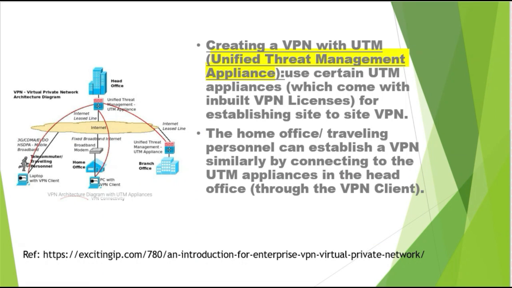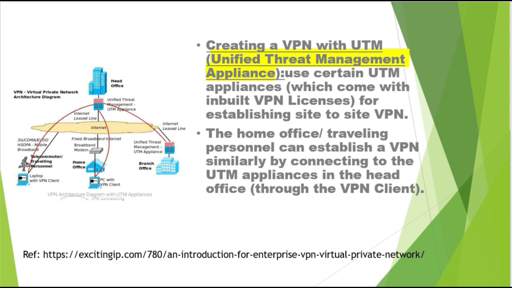So from the simple topology earlier, we can use a device called UTM, or Unified Threat Management. This can be a server or a firewall. Usually this UTM appliance already comes with an inbuilt VPN license.